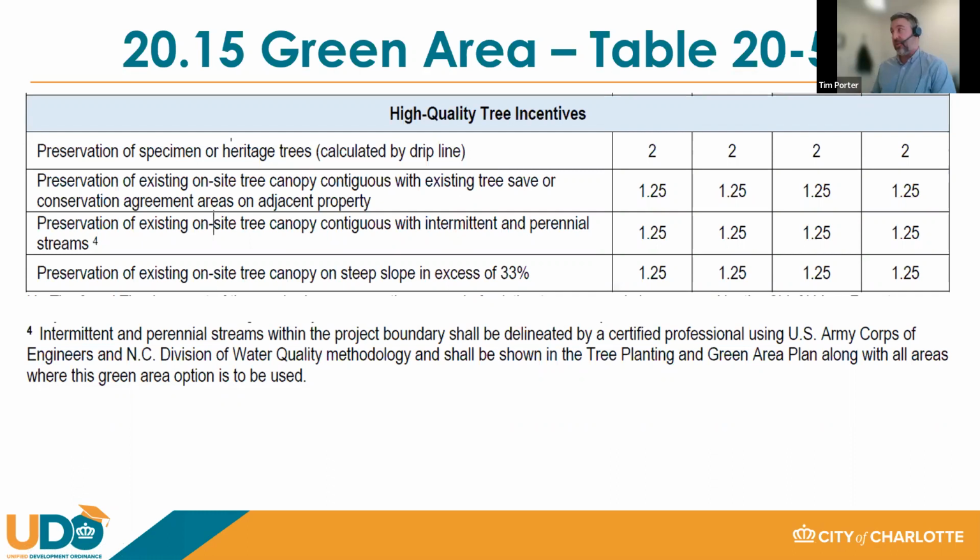You could have a patch of forest on a very steep slope that's on the other side of a site from your main contiguous tree save. That's an example of exceptions or ways that there could be non-contiguous patches of tree save.